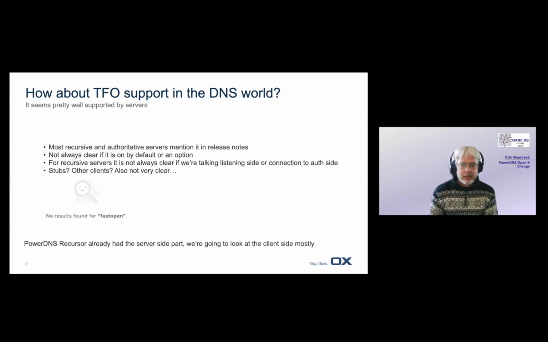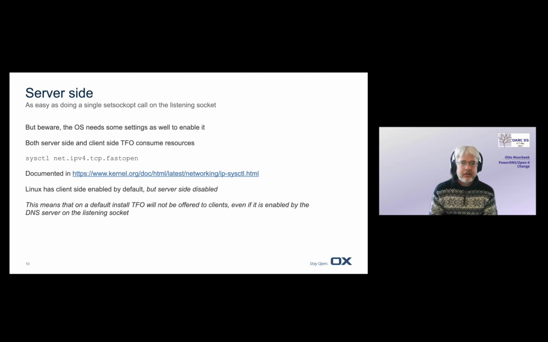So I'm going to talk mostly about the client side because that's the thing I've worked on in the recursor. But a quick look at the server side. If you want to support TFO, there's only one thing you have to do in the code, and that is to set an option on the socket, on the listening socket, and that's enough. You would assume, but there's more to it.